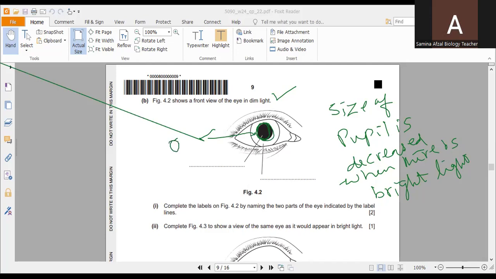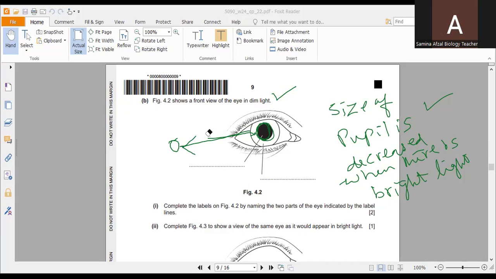It will become smaller because it will not allow more light to enter into the eye, because if bright light enters the eye, it can damage the retina. So when there is bright light, the size of the pupil will be decreased as I have drawn over here.